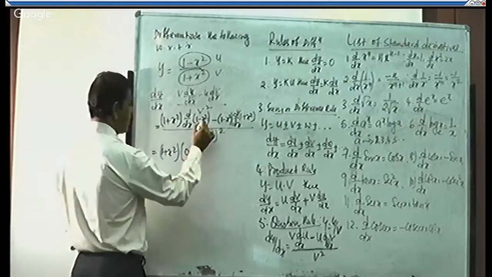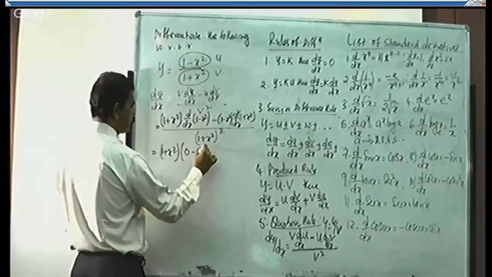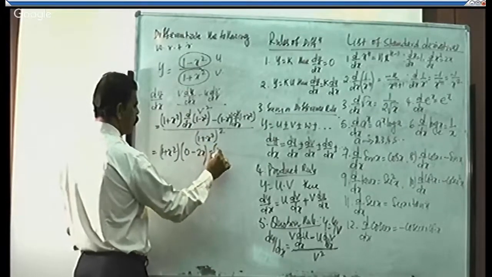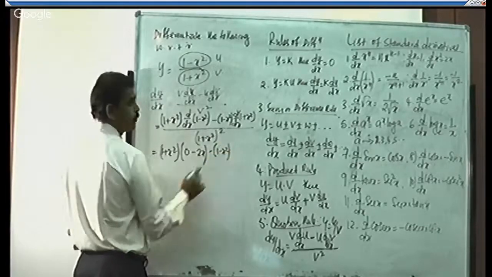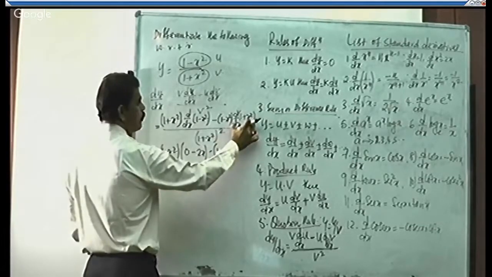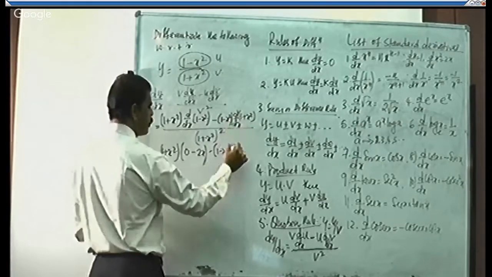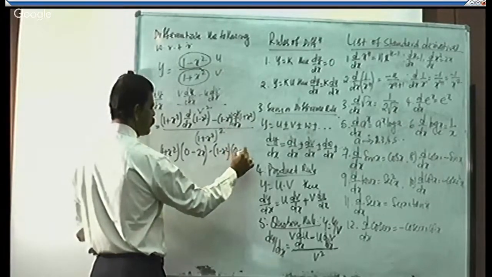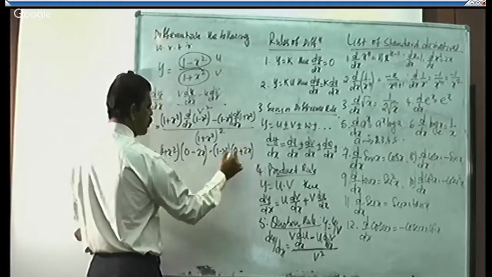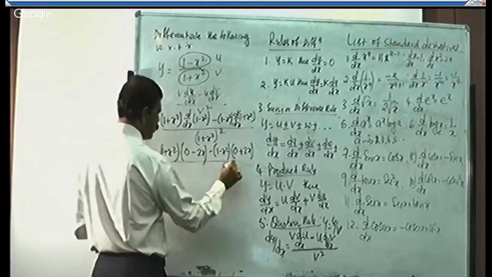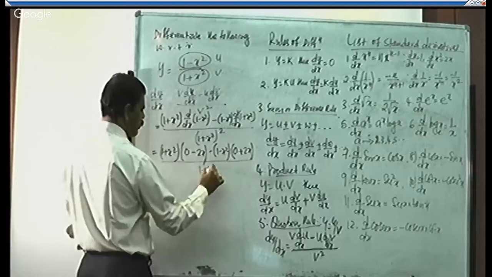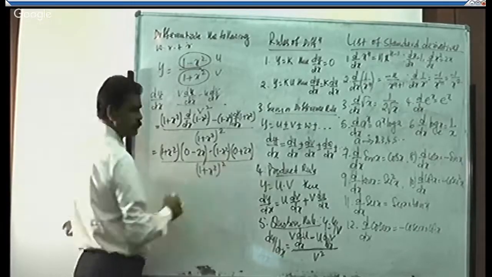Plus, for x square, it is 2x. Minus 1 minus x square is kept as it is. This is to be differentiated. Again, we have 1 and x square. Differentiation of 1, a numerical constant, is 0. Differentiation of x square is 2x, keeping the sign as it is. All divided by 1 plus x square whole square.